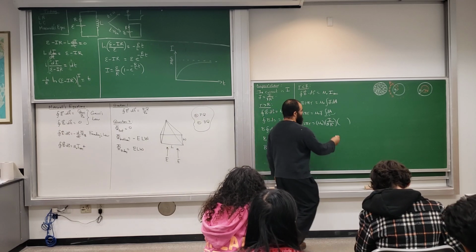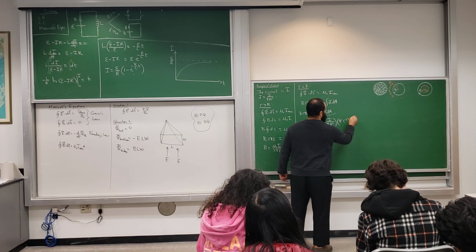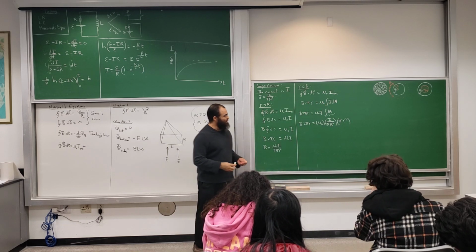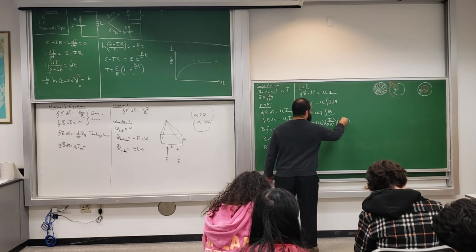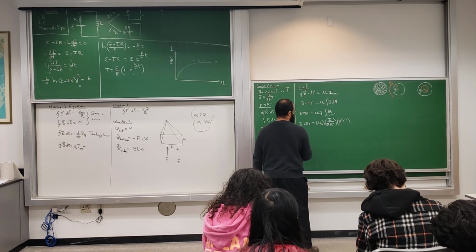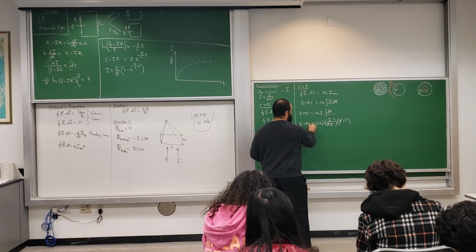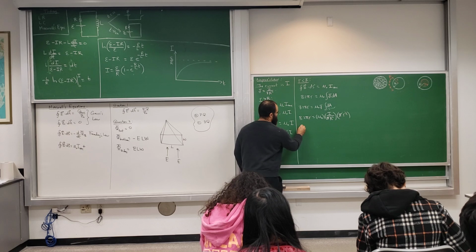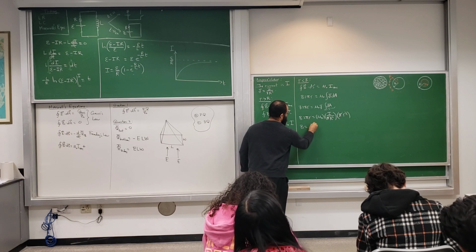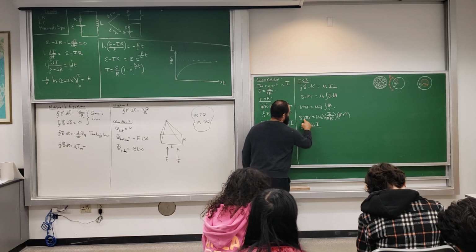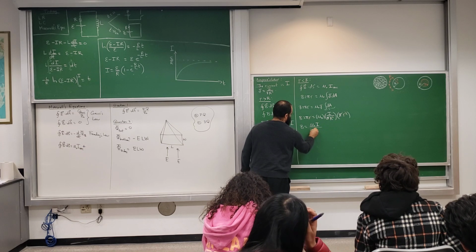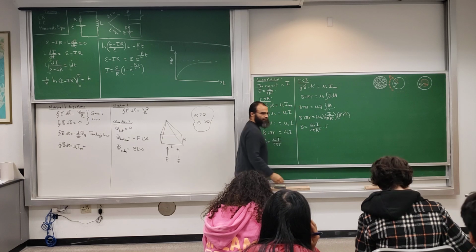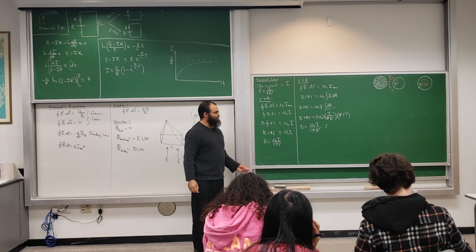Small r, little r, because we're talking about the red area. We got this pi cancels with this pi. This r cancels with one of these r's. We get B is equal to mu naught times I r over 2 pi R squared. So that's the magnetic field.